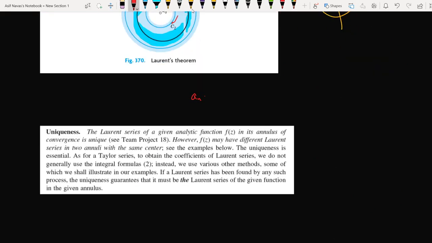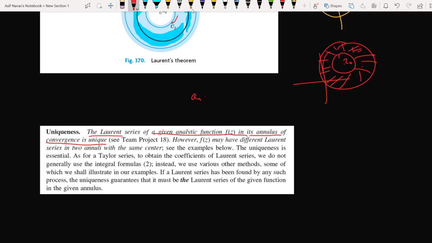The Laurent series of an analytic function in its annulus of convergence is unique. So if you have a Laurent series expansion with center z naught in this annular region, then any Laurent series expansion of f of z must be unique. There must not be any other Laurent series expansion.